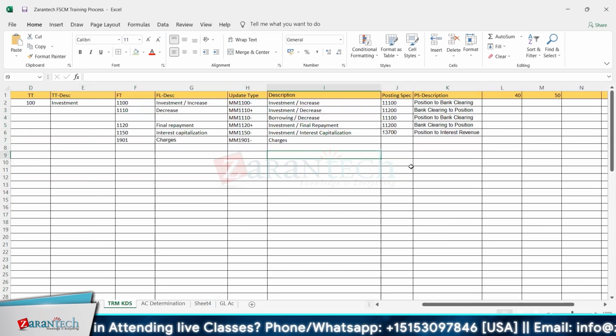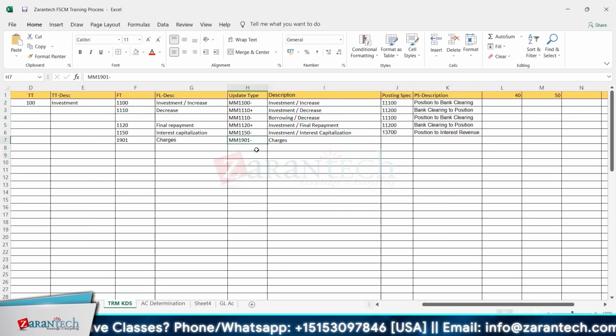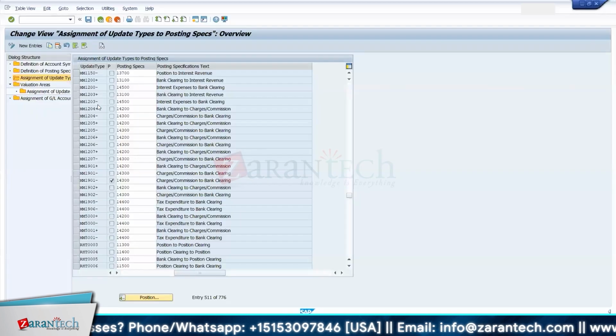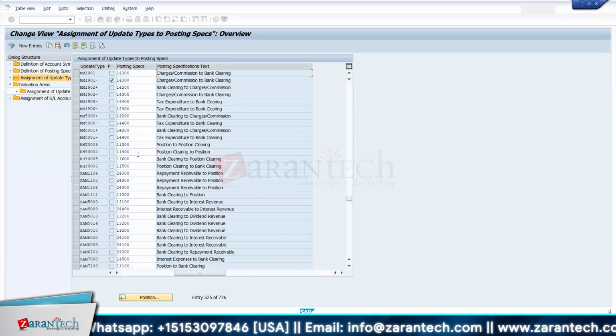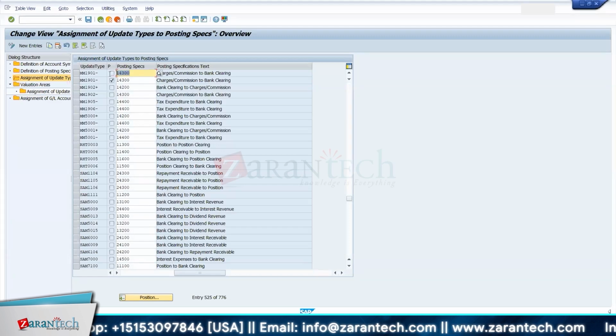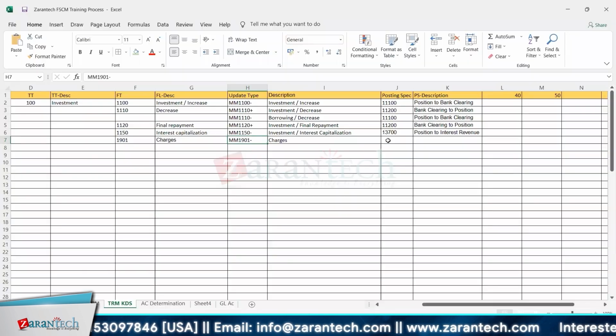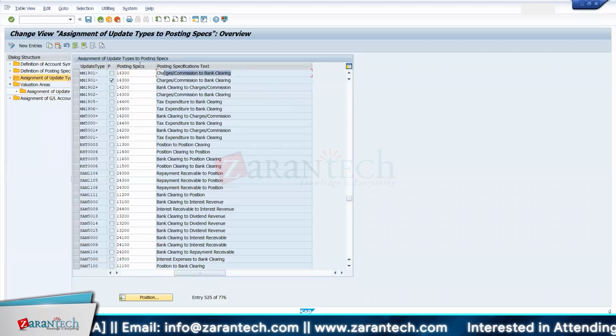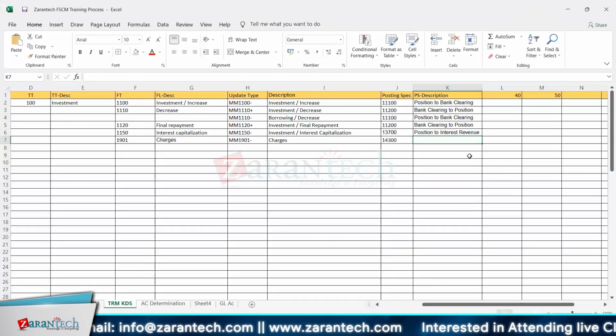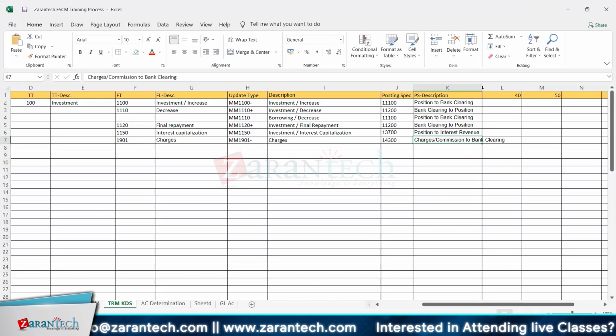But in the first class, if I start creating, you will get confused. So this is my update type for these expenses, and then commission charges. Whatever standard is there, I'm taking that as it is.